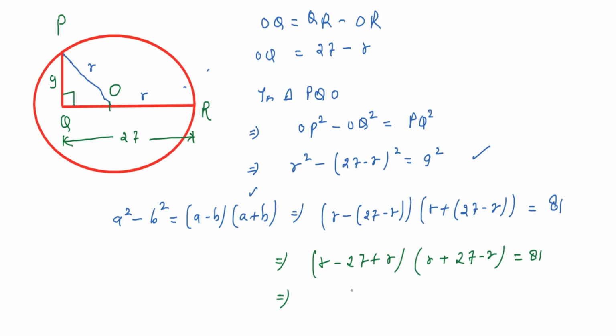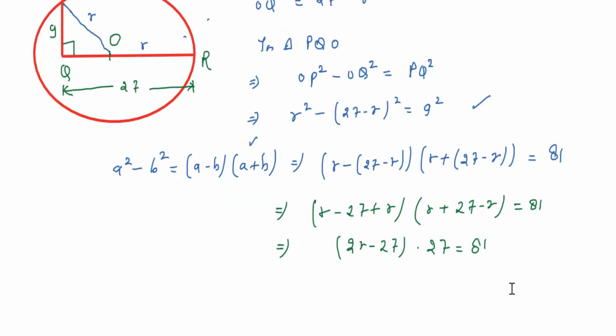So further we will have (2R minus 27) times 27 is equal to 81. Let me correct it. So from here we will have (2R minus 27) times 27 is equal to 81.